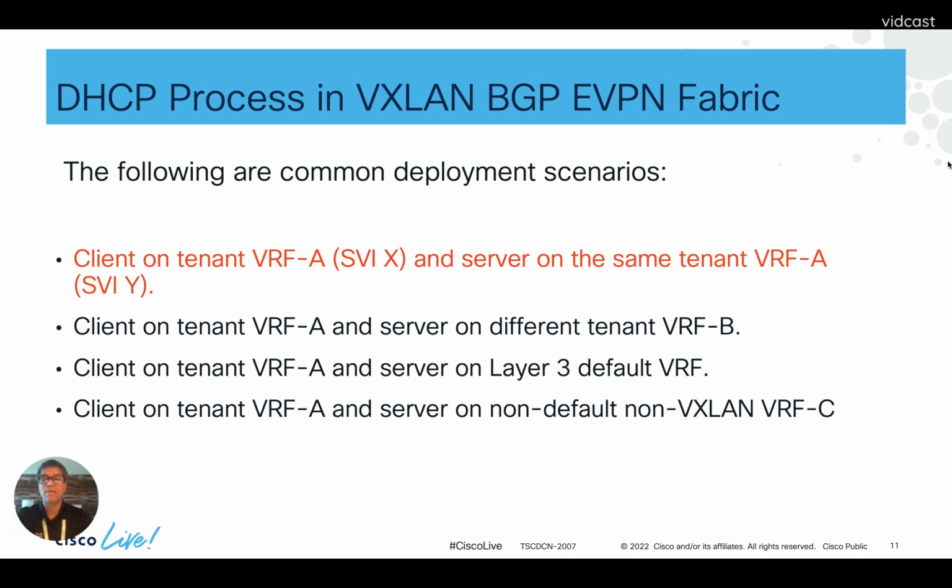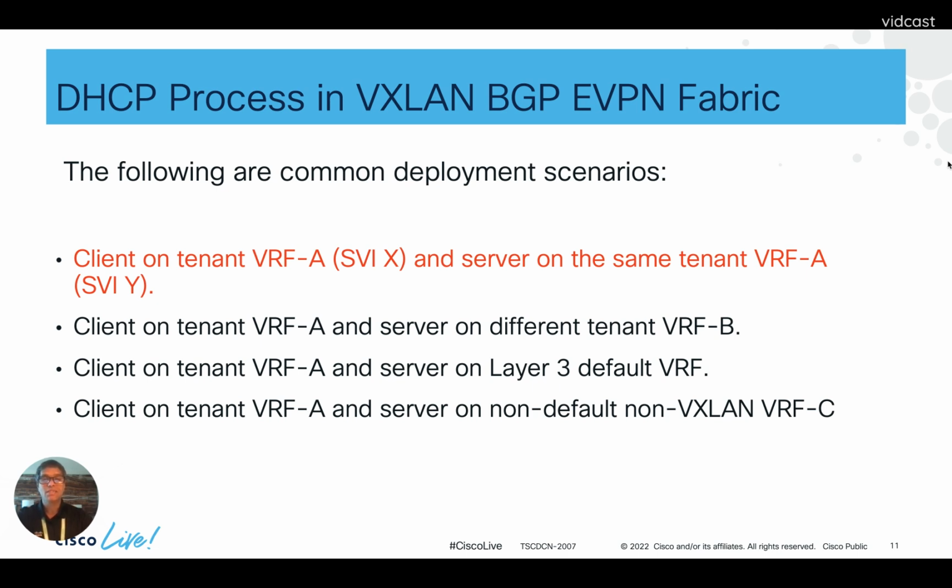And the fourth option can be client on tenant VRF-A and server on a non-default, non-VXLAN VRF C. In this presentation, I'm going to talk about client on tenant VRF-A and server on the same tenant VRF-A, but client on VLAN X and server on VLAN Y.